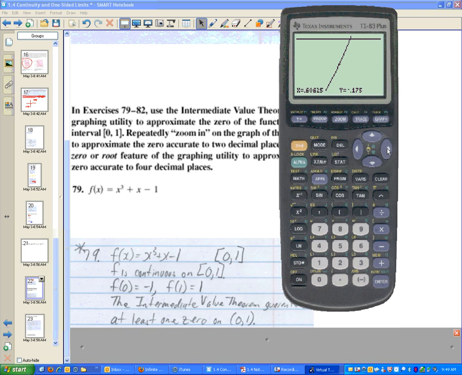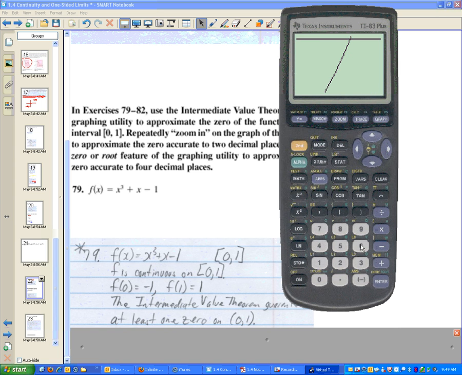I can trace over. Oh, how'd I leave the graph? There we go, because I didn't hit trace. So there's where I'm crossing. So rounding 0.69, 0.68 probably. All right. I don't like that.